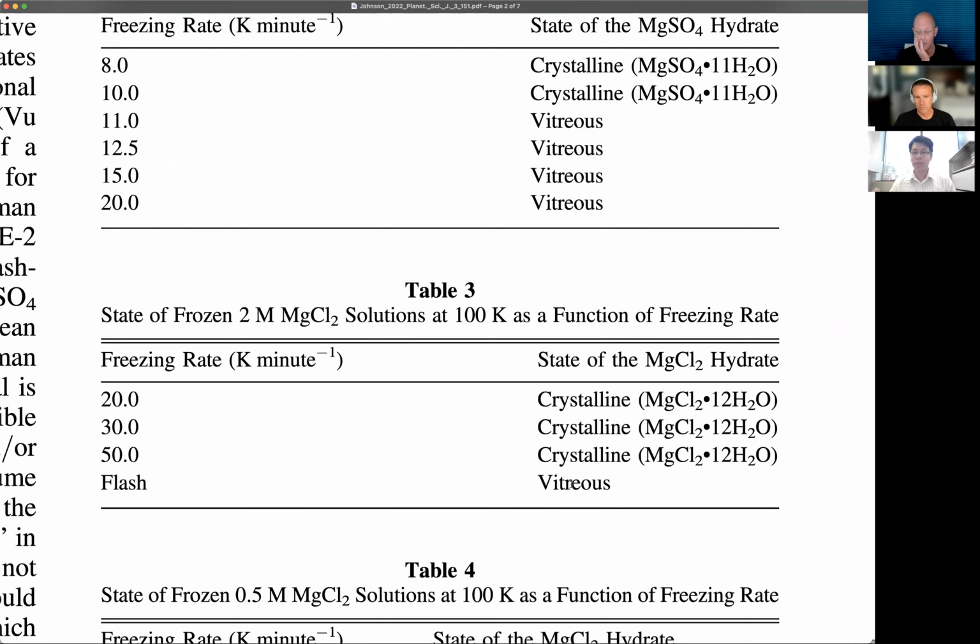Anything below 50 K per minute, which again is the limit of our experimental apparatus, makes crystalline. So somewhere between 50 K per minute and flash freezing, there's a region where we can make vitreous material, but we are unable to pinpoint that at the moment.